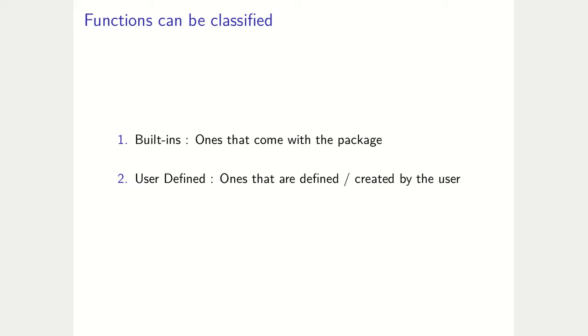So now let us look into why we require functions in the first place. They provide great advantages. Mainly, one, reusability. You just got to define a function once and you can use it multiple times when and wherever you require it.